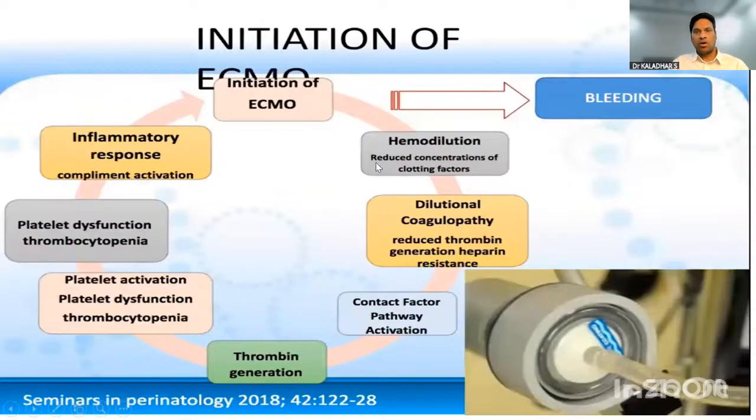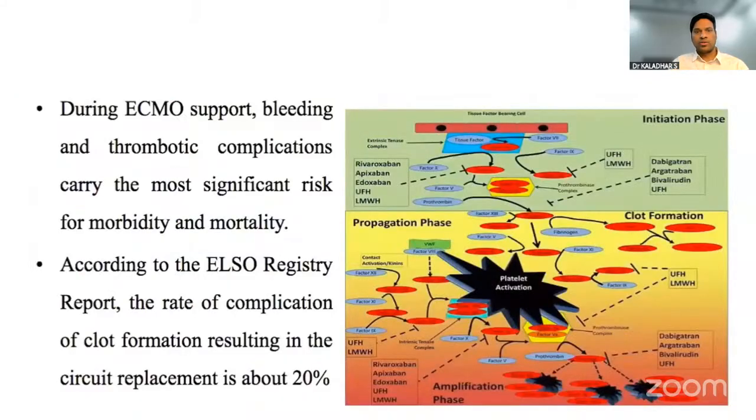It can also lead to hemodilution and dilutional coagulopathies. Thrombin generation and platelets play a very important role. They are the center of coagulation, because of which thrombosis can happen. The thrombotic complications carry significant morbidity and mortality, almost 20 to 50% in different populations.